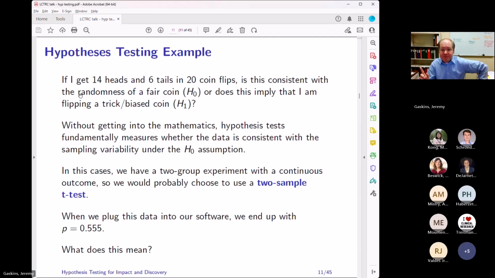But there's no part of that calculation that's actually accounting for a model for the alternative, right? How likely my coin is to be unfair, or, if I had a 70% coin, what would happen there?